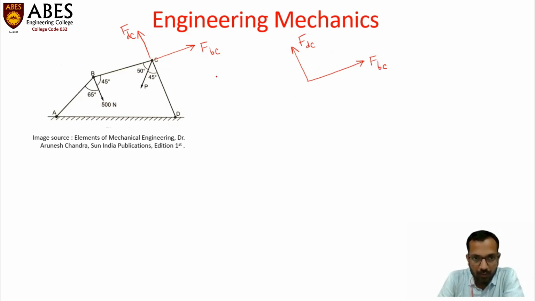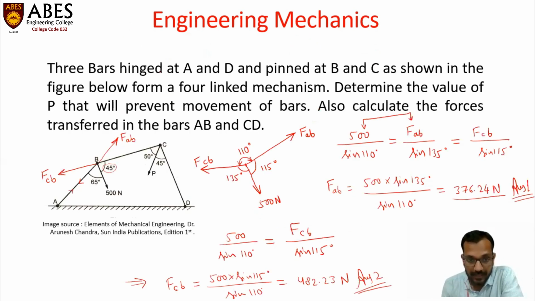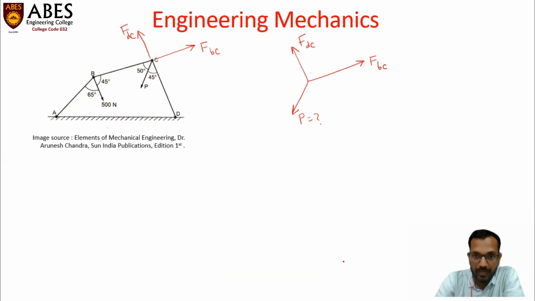And this one is the unknown force P, which needs to be calculated. But FBC is equal to FCB. What is the value of FCB? Let's see. FCB is 482.23 newtons. So numerically it is the same, 482.23 newtons. It is already known now.